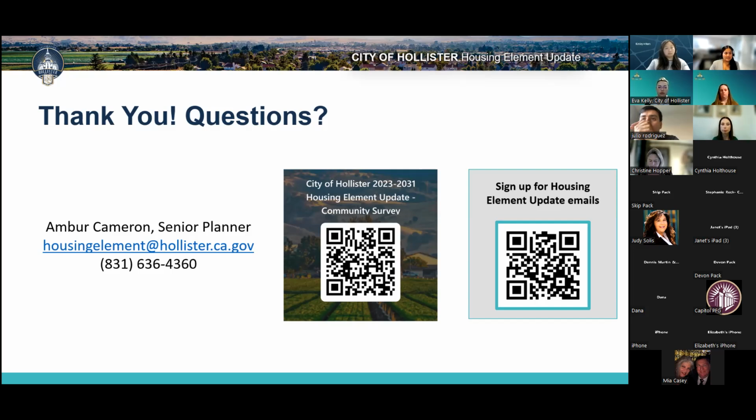And the last comment we see here is a point system, 5 points for San Benito County resident, 3 points. So it's outlining a point system that relates to building permits, grants for down payments, remodels, and ADUs. Perhaps a point system would give San Benito County residents first opportunity. So that was just a note from Cynthia.